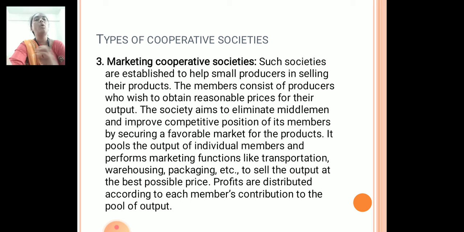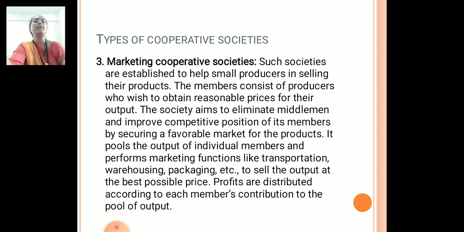So there is no actual effort of this middleman. In order to eliminate such middlemen, these societies are formed, and this marketing society especially helps in selling the products of these producers so that they reach customers through their unity.